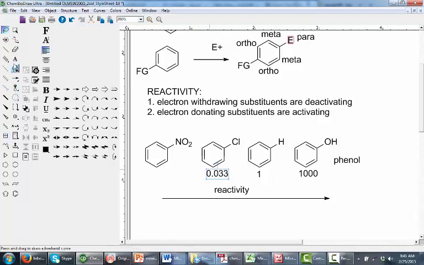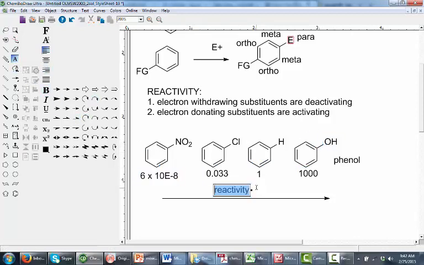And the reaction of nitrobenzene to the addition of another nitro group is 6 times 10 to the negative 8. Okay, that's how slow and how deactivating this nitro group is compared to the reaction of an unsubstituted benzene, and especially compared to the reaction of a phenol.